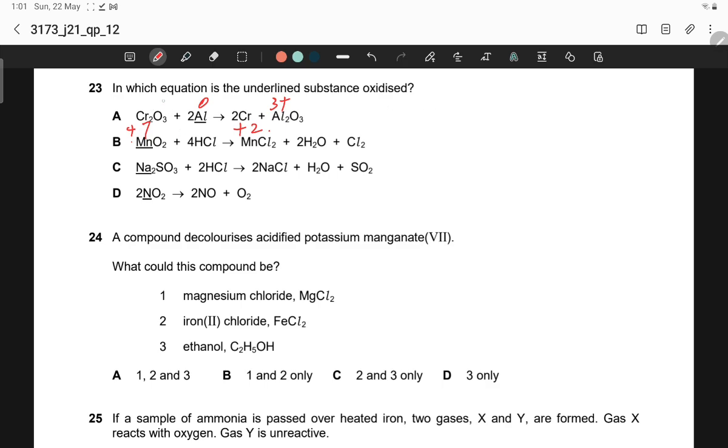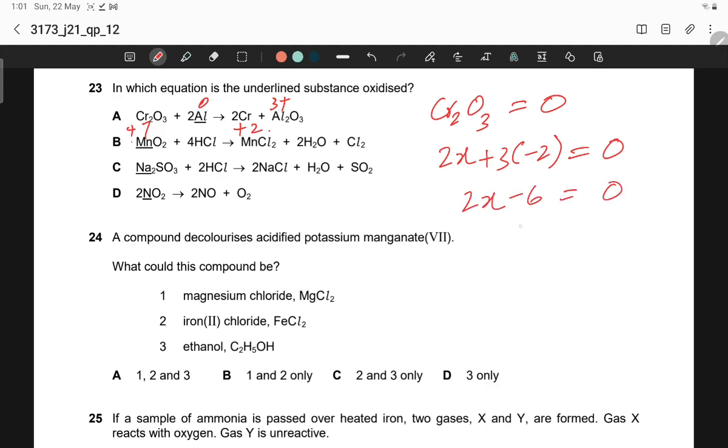This is Cr2O3, which is equal to 0. So 2x plus 3 times minus 2 is equal to 0. 2x minus 6 is equal to 0. 2x is equal to 6, x is equal to plus 3. This is plus 3 and this is also plus 3.